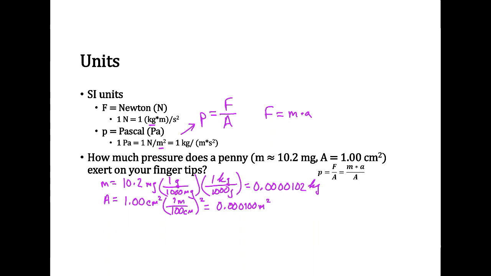All right, so we're ready to plug into our equation for pressure. So the pressure that the penny is exerting will be, so we'll plug in our mass, multiply that by our acceleration, 9.81 meters per second squared, and this is a constant that we would use. And then divide that by the area in terms of meters squared.